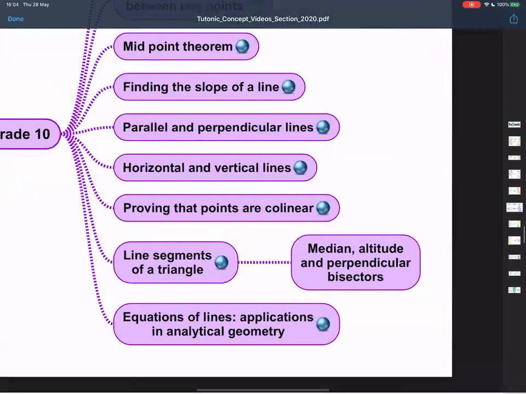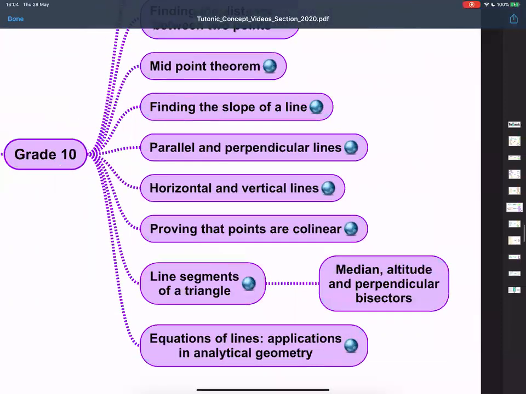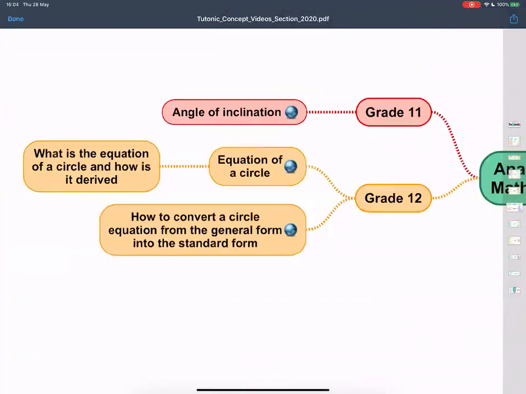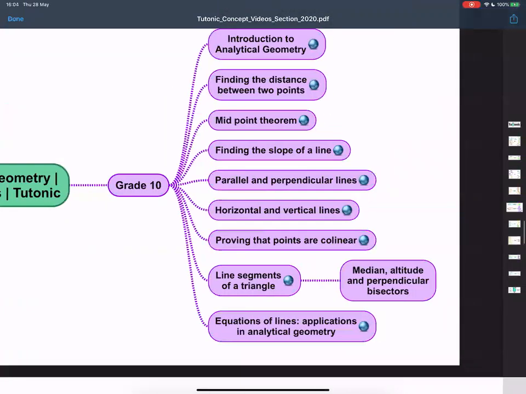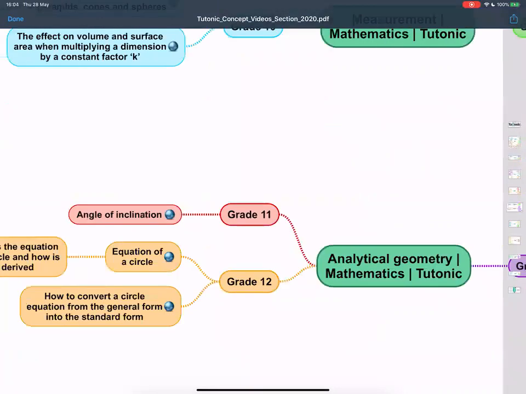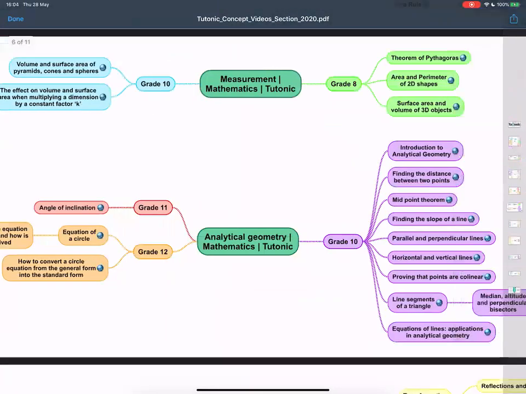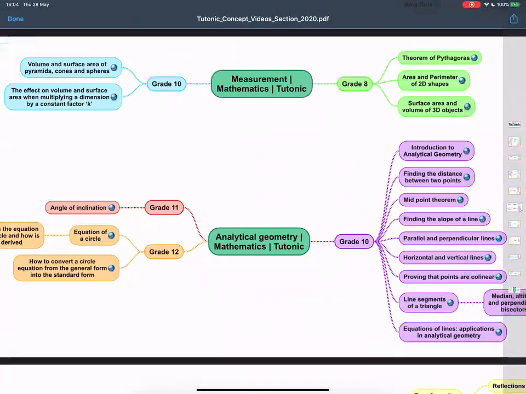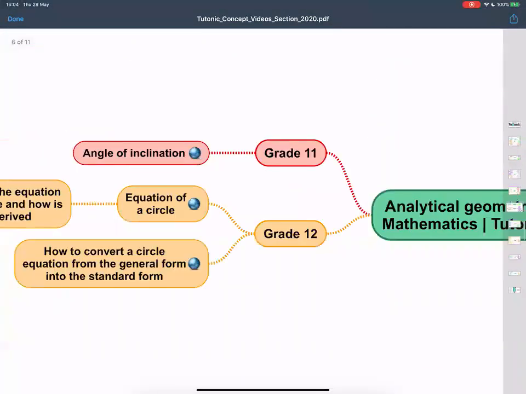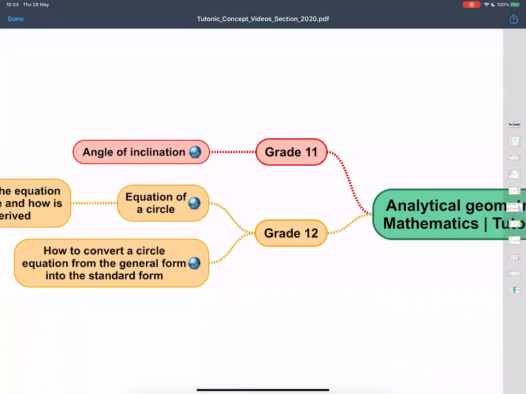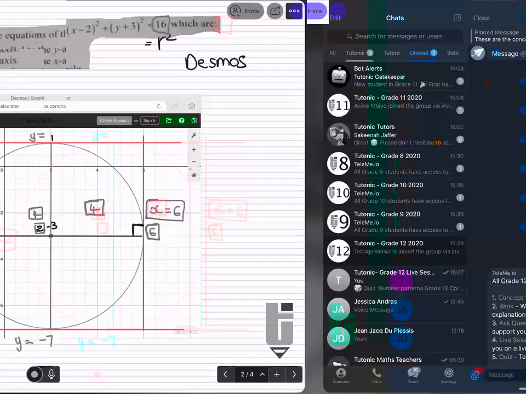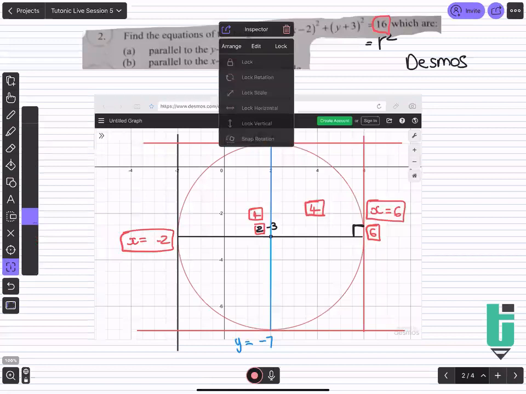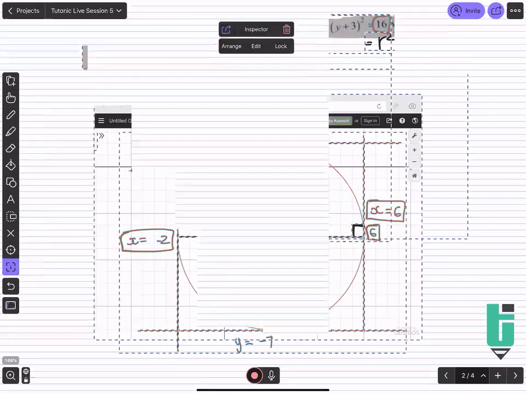So that's the thing about matric. You have to basically know your grade 10 work, your grade 11 work. So Tutonic makes it easier for you because you can start here and then work your way up to grade 12. So I hope I've convinced you guys to go back to the previous grades when it comes to these types of questions.